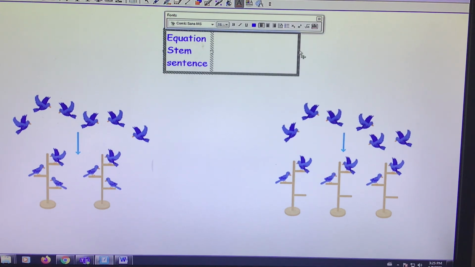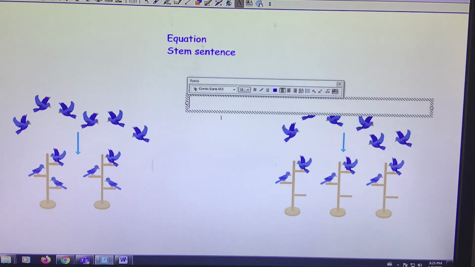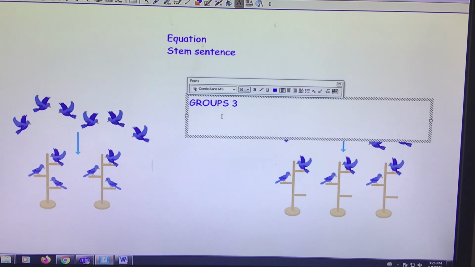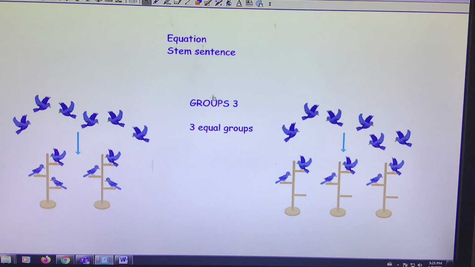Make sure that you get them the right way round. You will need to think about which diagram shows groups of 3 and which diagram shows 3 equal groups. You can always rewind the video if you are unsure. Add that information to your journal work from the start of the lesson and upload it to Class Dojo.